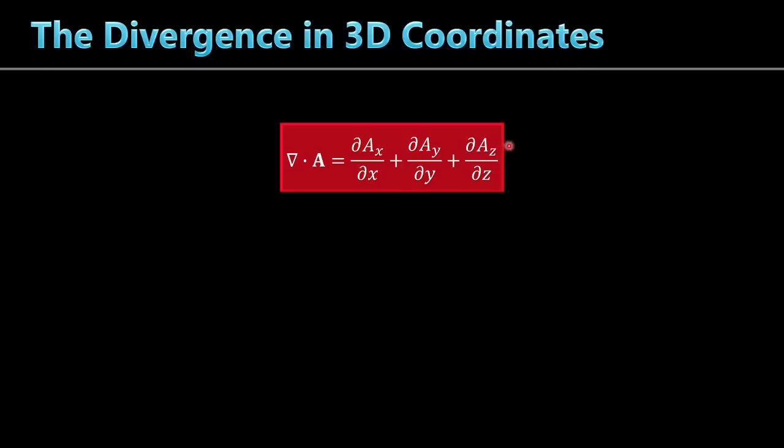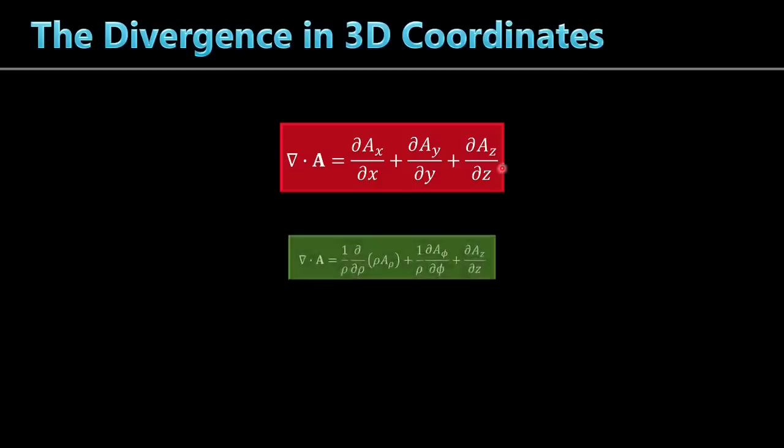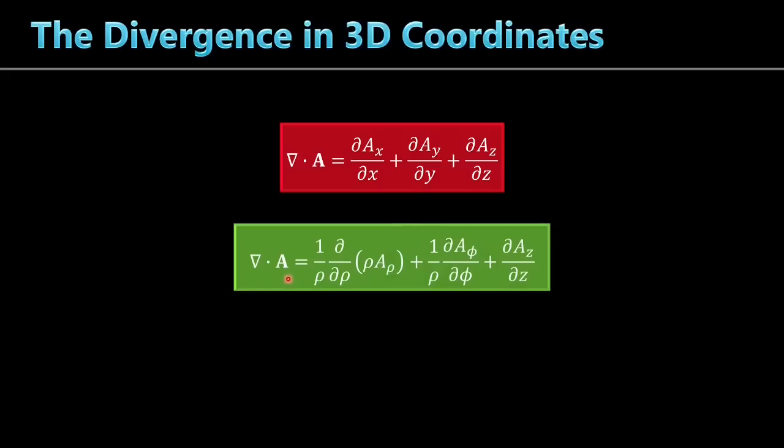Now, what if our vector is expressed in cylindrical coordinates? The divergence of a vector in cylindrical coordinates is given by this expression. So, in cylindrical coordinates, what are our space variables? A point in cylindrical coordinates is represented by rho, phi, z.